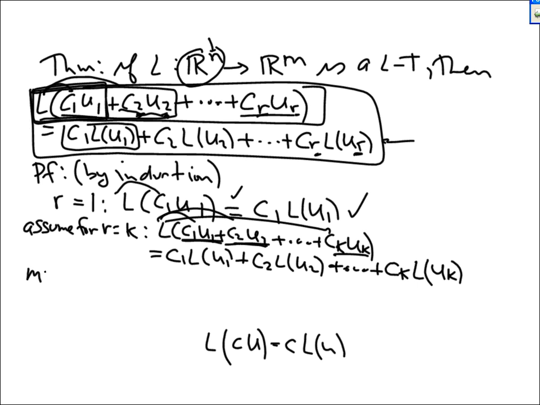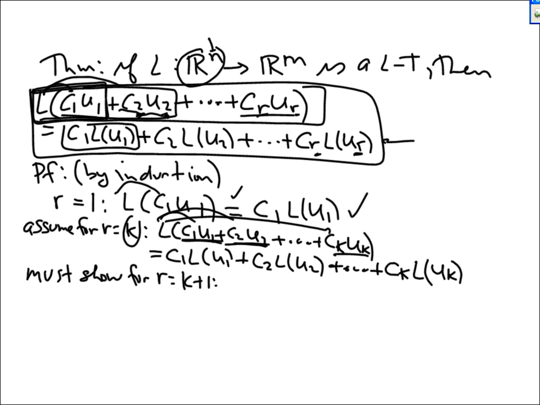Now we must show that it's true when R is 1 more than K. That is, I just stop at K plus 1. That is L of C1U1 plus C2U2 all the way up to CK plus 1 UK plus 1.